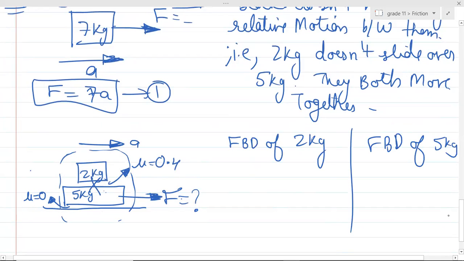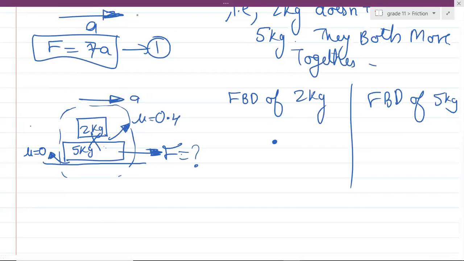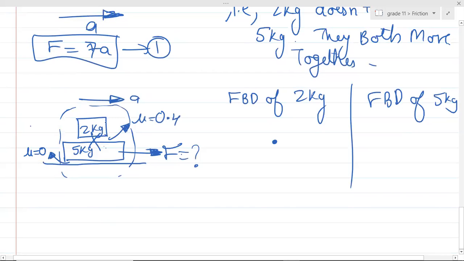With respect to the ground, you need to calculate. You don't need to calculate with respect to the 5 kg block or anything like that. So anyways, FBD of 2 kg: what all forces are acting on the 2 kg block? Who will tell me? Can you see its weight, 2g, will be acting down?